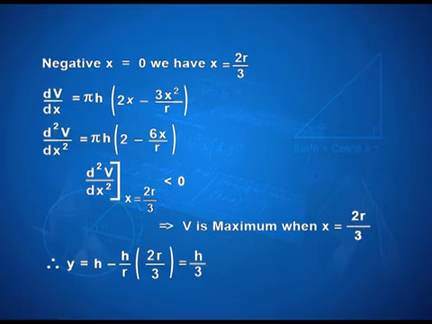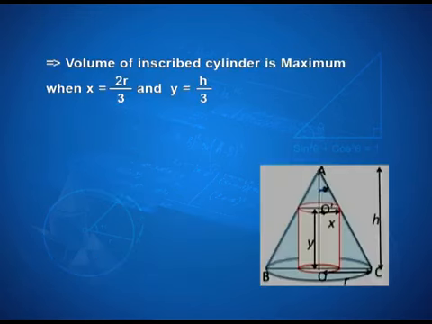Again, using the relation we derived earlier, y turns out to be 1 by 3rd times the h, that is the height of the given cone. This could also be the question in its own. You may have to verify or show the volume is maximum when the inscribed cylinder's height is 1/3 the height of the given cone.